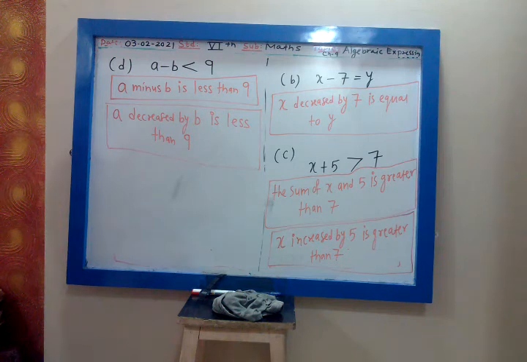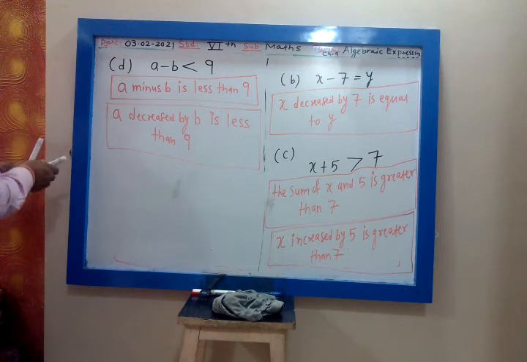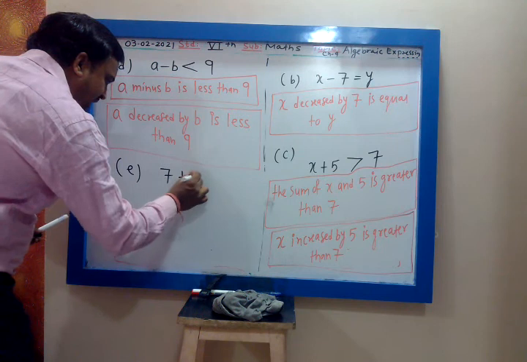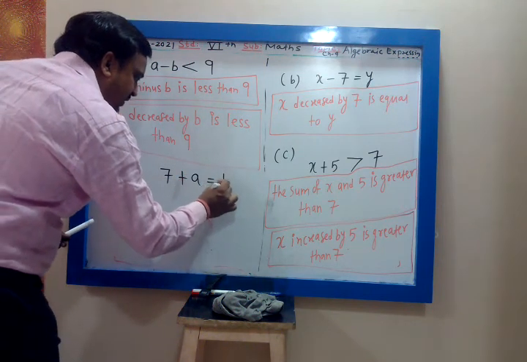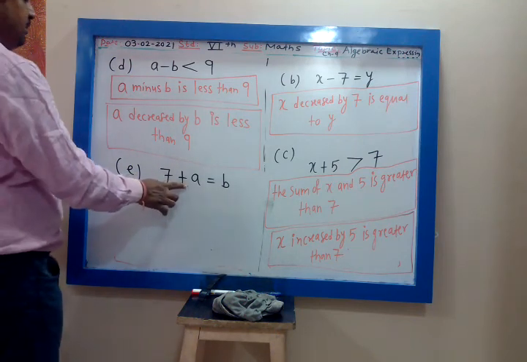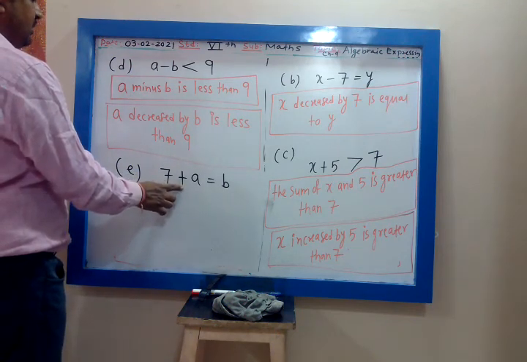Then E, 7 plus a is equal to b. What do you mean by 7 plus a? Plus means sum. So what do you write?